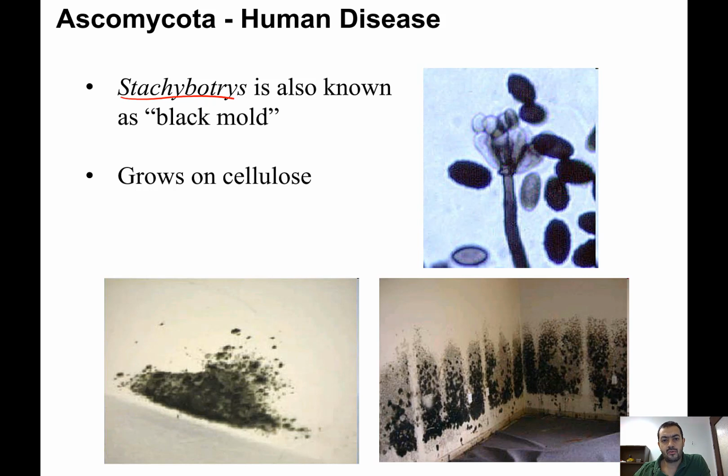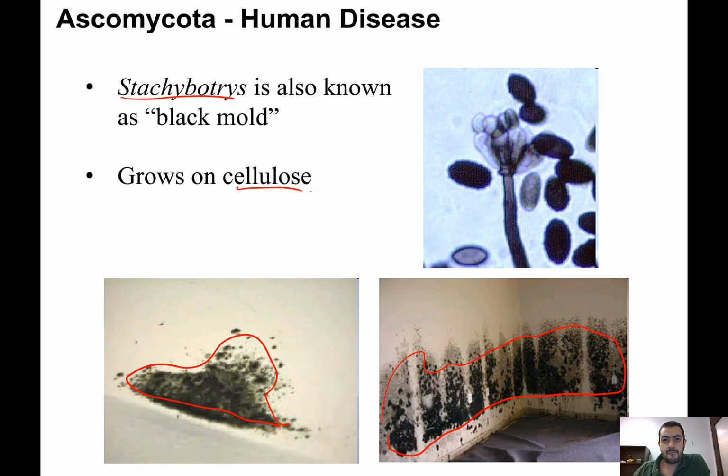But if you are not using one of these, you are using just normal paint, Stachybotrys spores will start from an area like that, characteristic with this black mold, and they will spread because they will feed on the cellulose from the paper, which is a component of this drywall.